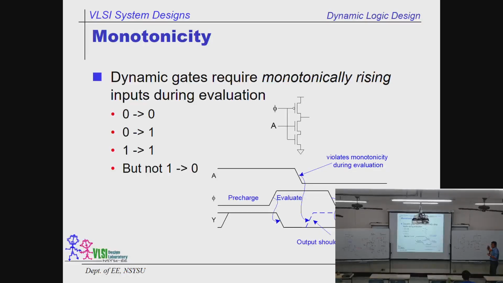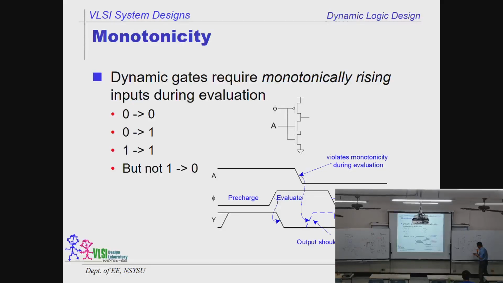Theoretically, no issue. If A is given before this one, if A is high before the rising edge, then we have no problem. After the evaluation, it will drop to 0.